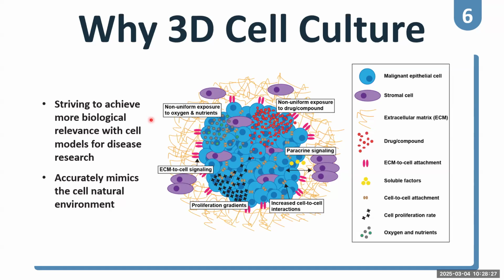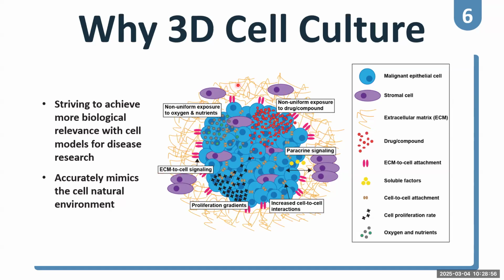They provide more biologically relevant conditions, bridging the gap between the cell culture experiment and the real-life response of the patient. You can see here the 3D structure of the tumor cell. We need the cell-to-cell interaction and also the ECM-to-cell interaction.